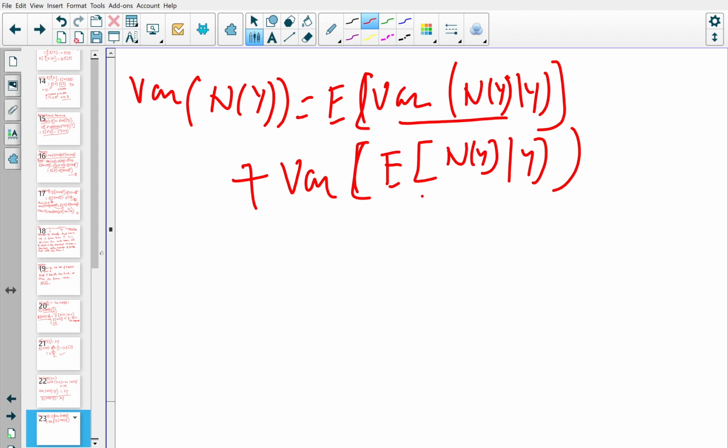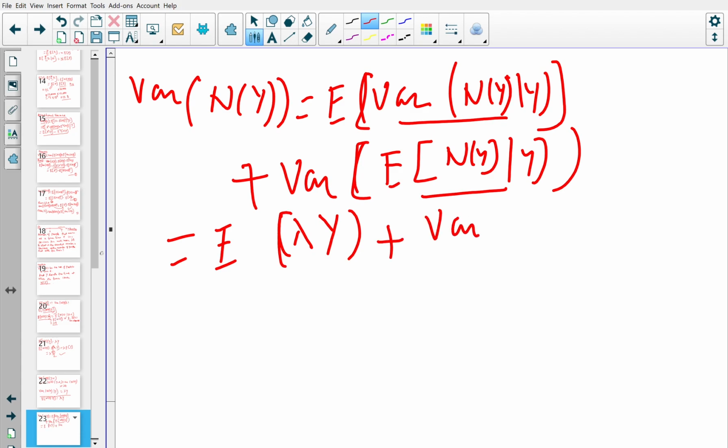Both of these quantities are lambda Y, right? So we can write the expectation of lambda Y plus the variance of lambda Y. Clear?